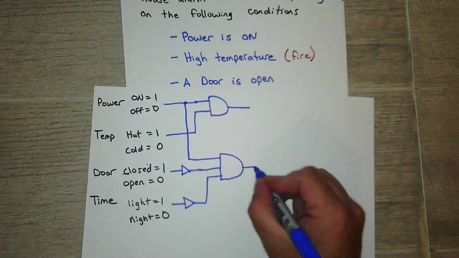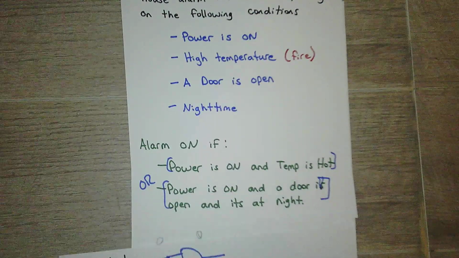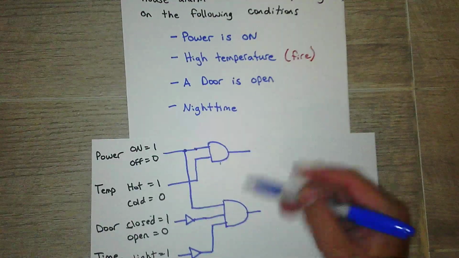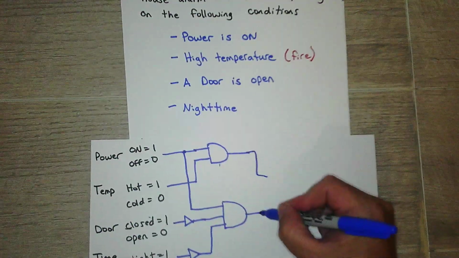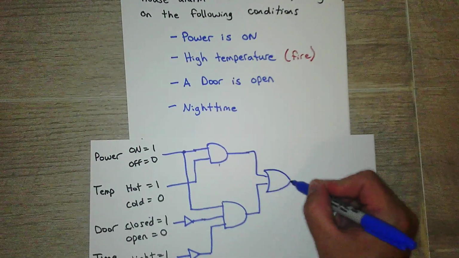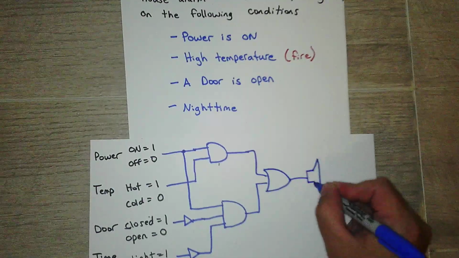Now how do we close this out? Now we got the OR left. So we got this condition met. We got this condition met. Now if either one of these happens, then the alarm will sound. So we'll put an OR gate right here. Okay, so if it makes it all the way through, there's your alarm.